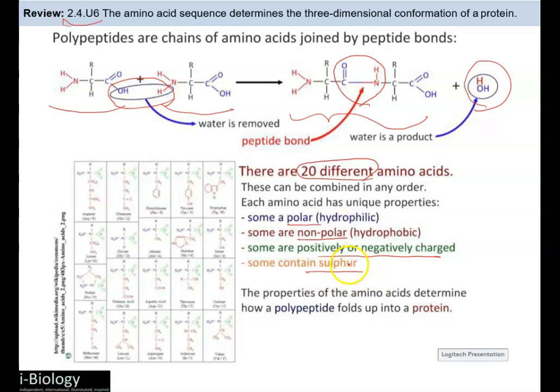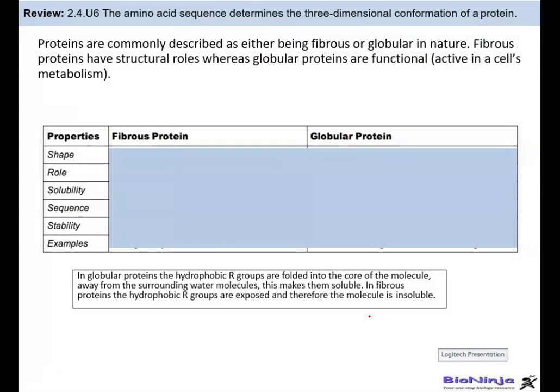Based on these amino acids, we also have different types of proteins. The properties of amino acids determine how a polypeptide folds up into a protein. That's why we have different structures, different shapes of proteins.